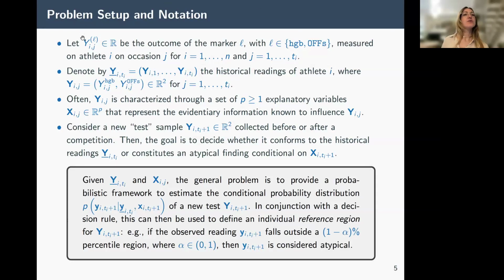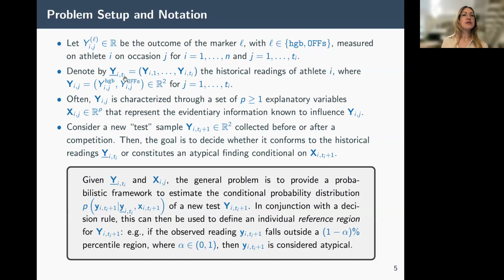And let's denote with Y_{L,i,j} the outcome of the marker L measured on the athlete i on occasion j. So for each athlete i, for i going from 1 to N, let's assume that we have T_i measurements, so that for each athlete, a different number of measurements can be recorded.